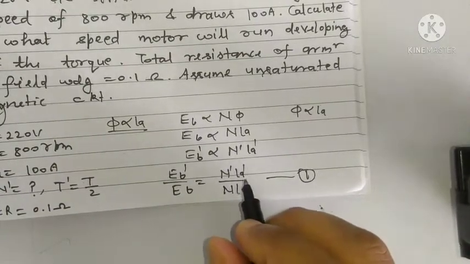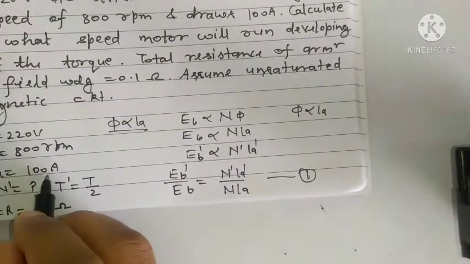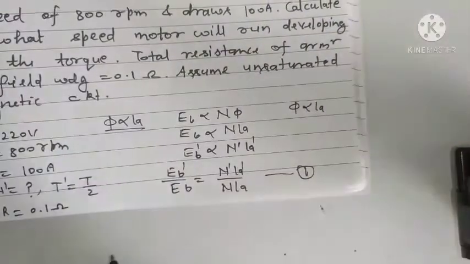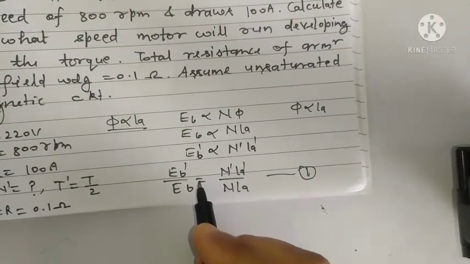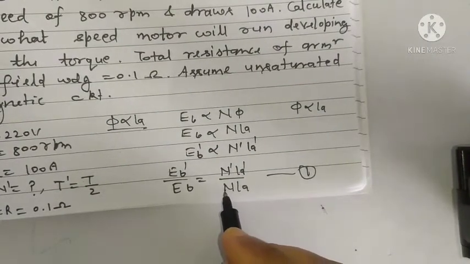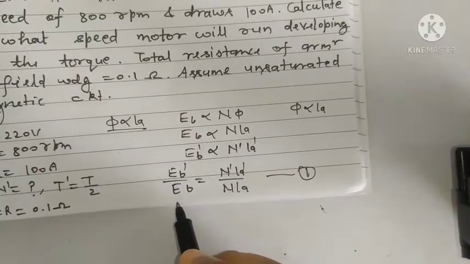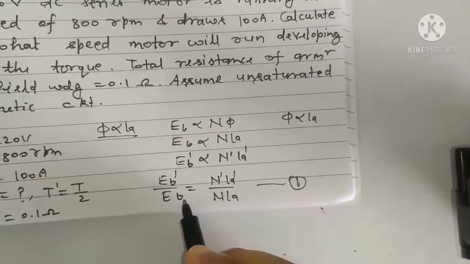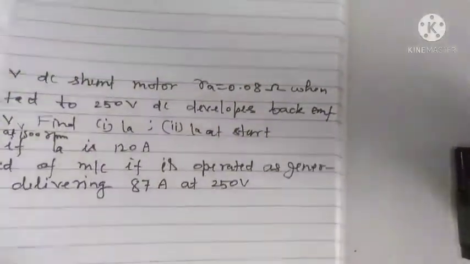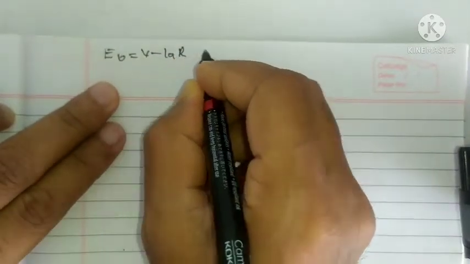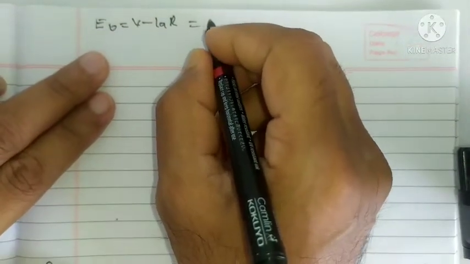Now we know our original armature current, but we don't know the new armature current. In the previous numerical, current was given, but here current is not given, so directly you can't calculate EB dash, whereas EB can be calculated. EB is V minus IA into R. What was V?